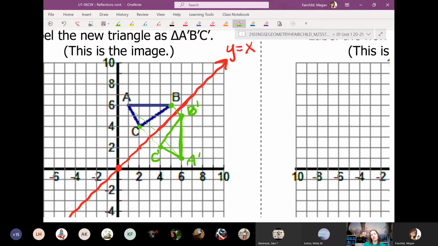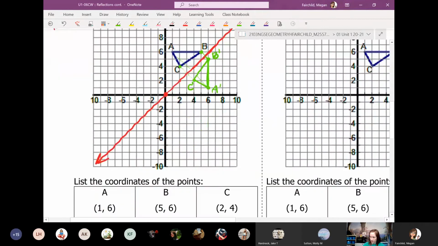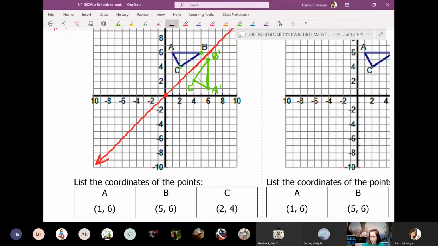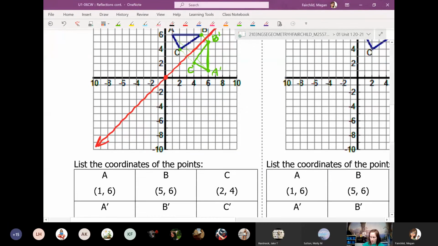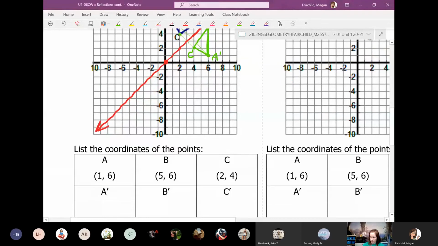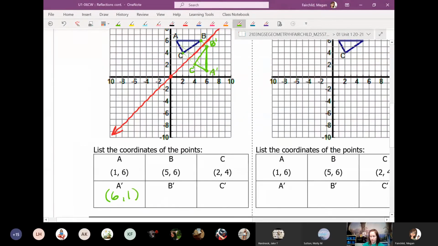Okay, so if you notice, it looks like it mirrors the other image. The line of reflection is that diagonal line. So let's look at the ordered pairs for a second. And you're going to notice something kind of cool. All right, so A is at 1,6. A prime is at 6,1.